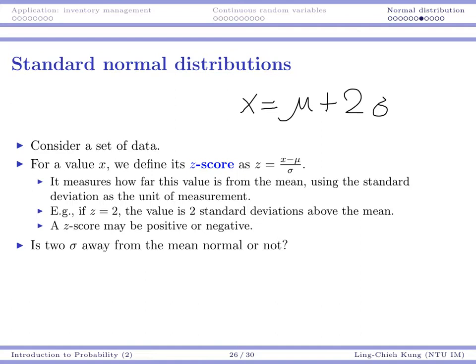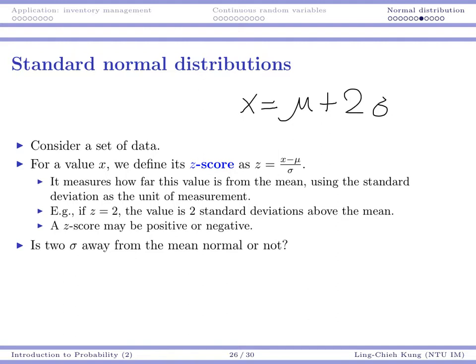So it's very unfair to compare the absolute distance from each value to the mean. But if we standardize all of them into z-scores, then we are doing a meaningful comparison, no matter where these different data sets come from. This concept will be used in the future.